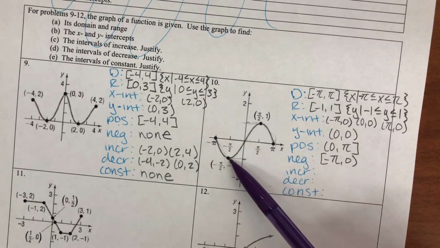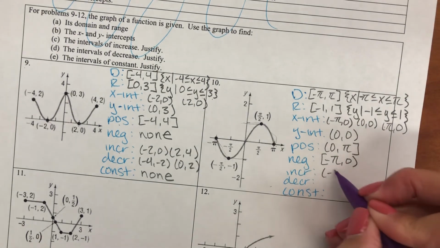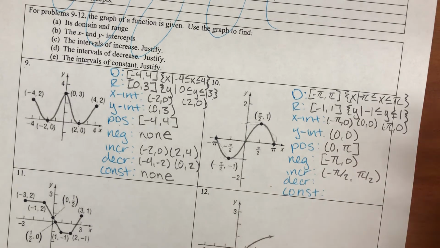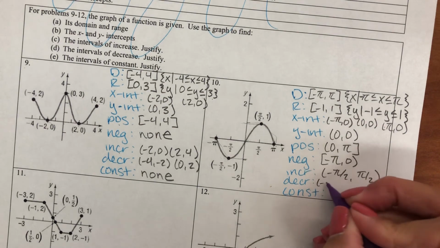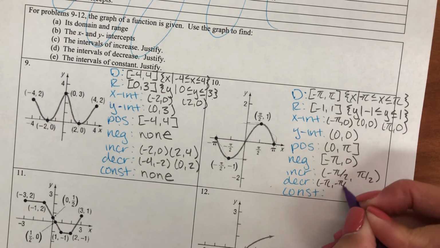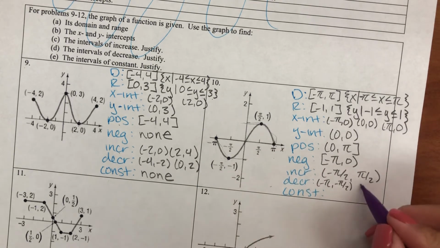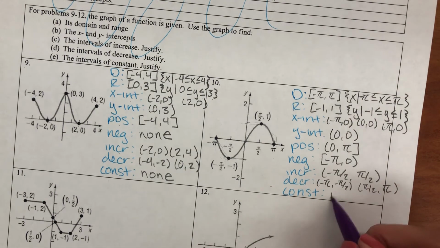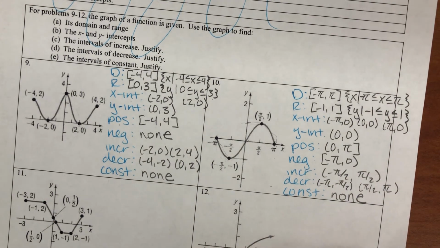Increasing, going up from -pi over 2 to +pi over 2. And then decreasing from -pi to -pi over 2, and pi over 2 to pi. And none for constant. Okay, I hope that was a good review for you.